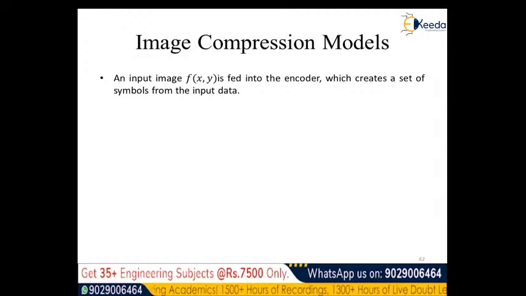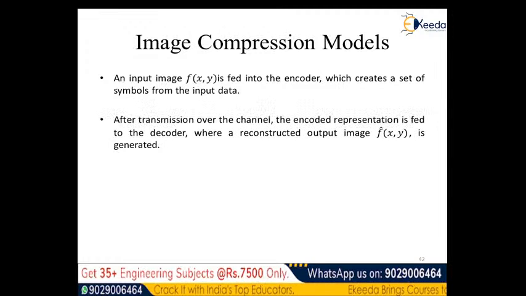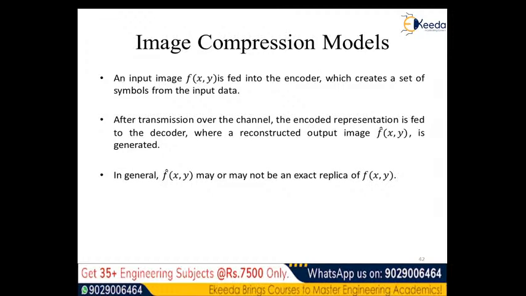What the encoder does is create a set of symbols from the input image f of x comma y. Now after transmission over the channel, the encoded representation is fed to the decoder as I have discussed, and we obtain the reconstructed output image denoted as f cap of x comma y. As you compare f cap of x comma y, it may or may not be the same as the original information.